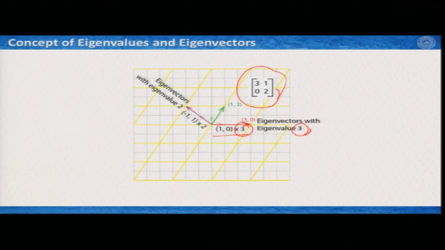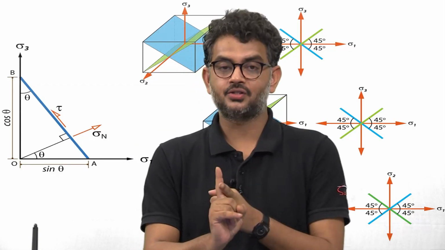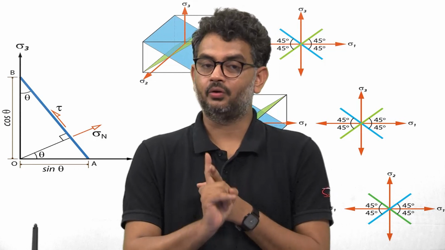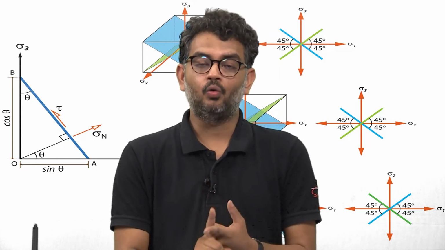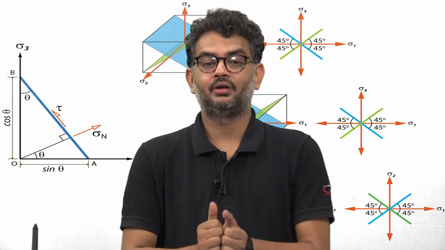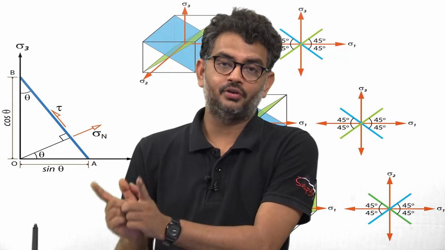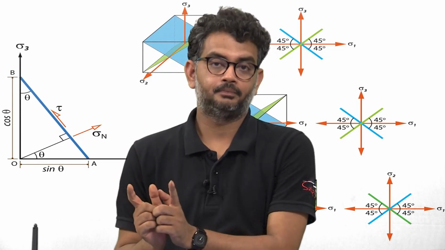So, in general, if I consider 2 dimensions, if I deform a material, there should be two characteristic directions along which the material lines do not change their orientations, but they only get stretched, and they get stretched equally in each and every increment of deformation.